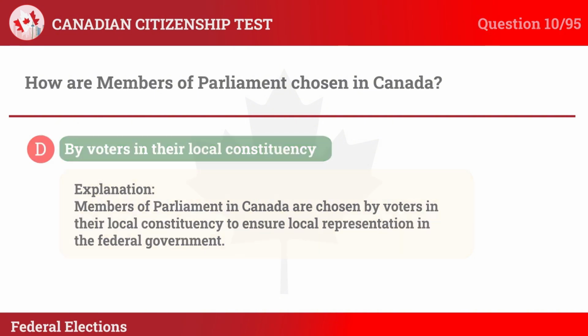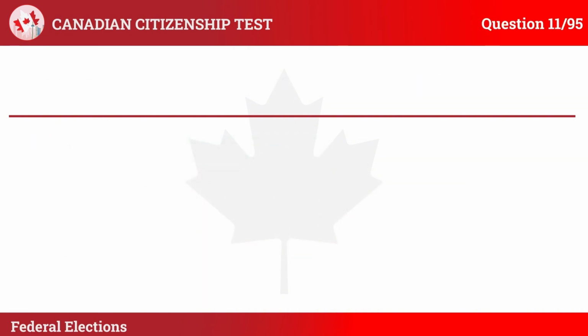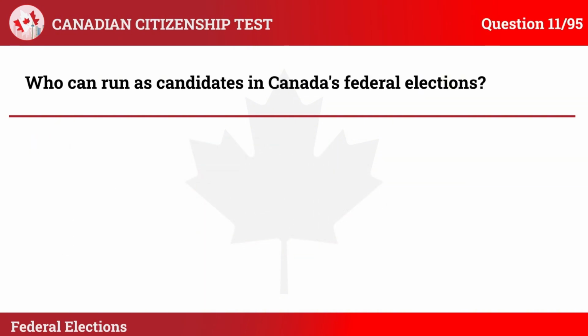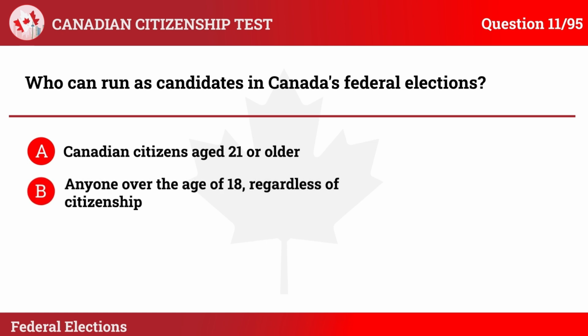Question 11. Who can run as candidates in Canada's federal elections? A. Canadian citizens aged 21 or older. B. Anyone over the age of 18, regardless of citizenship. C. Canadian citizens aged 18 or older.